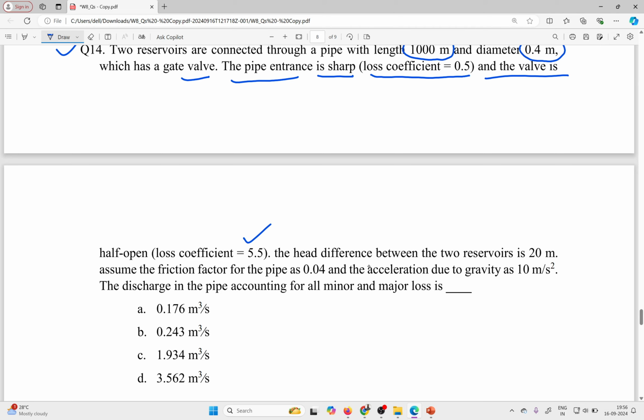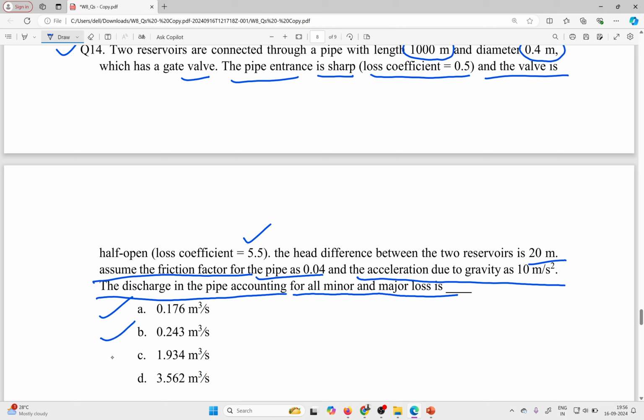The head difference between the two reservoirs is 20 meter. Assume the friction factor for the pipe as 0.04 and the acceleration due to gravity as 10 meter per second square. Find the discharge in the pipe accounting for all minor and major losses. Here you need to account for all major and minor losses.